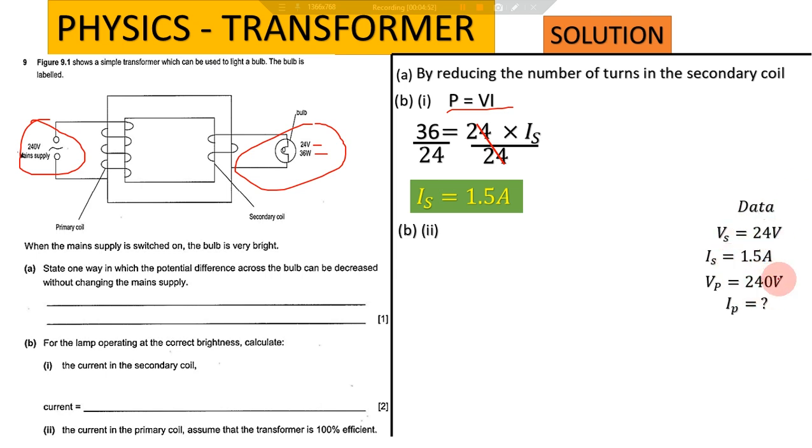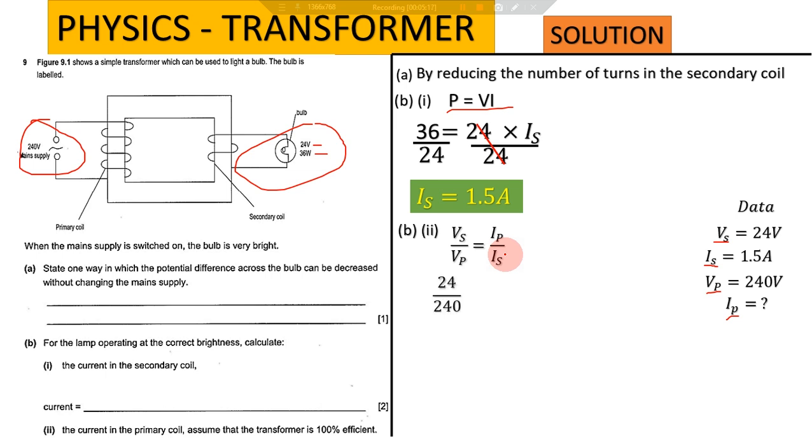Looking at this information, it means we are going to use the ratio of the voltage and also the ratio of the current. That's the formula we're going to use. So voltage in the secondary over voltage in the primary equals current in the primary divided by current in the secondary.